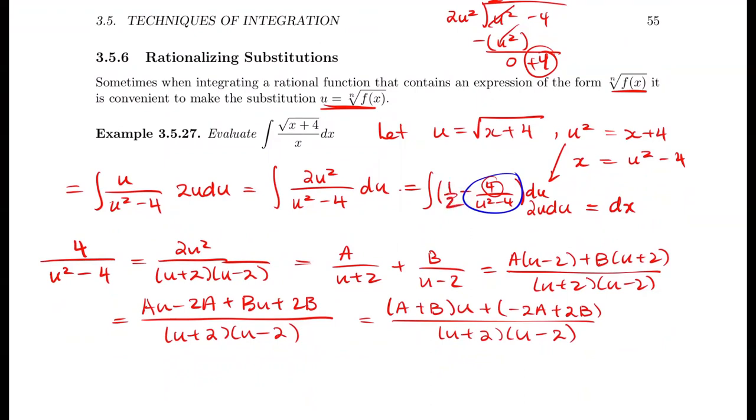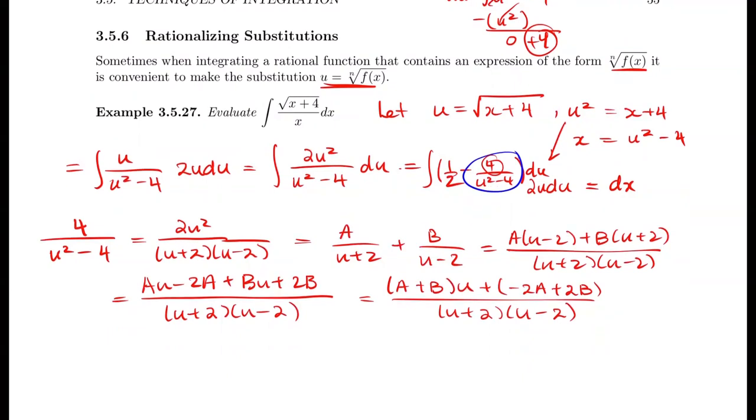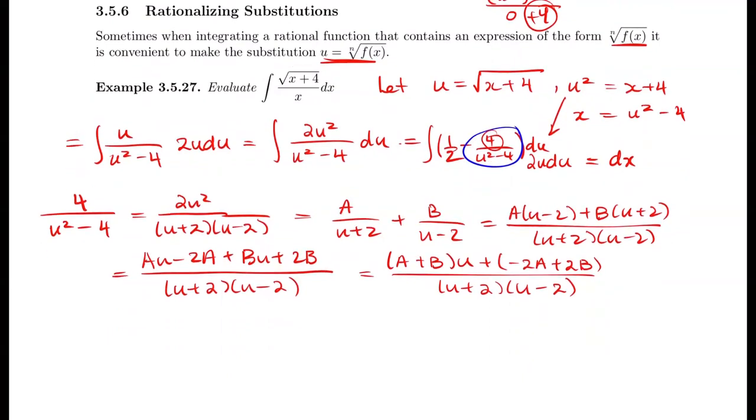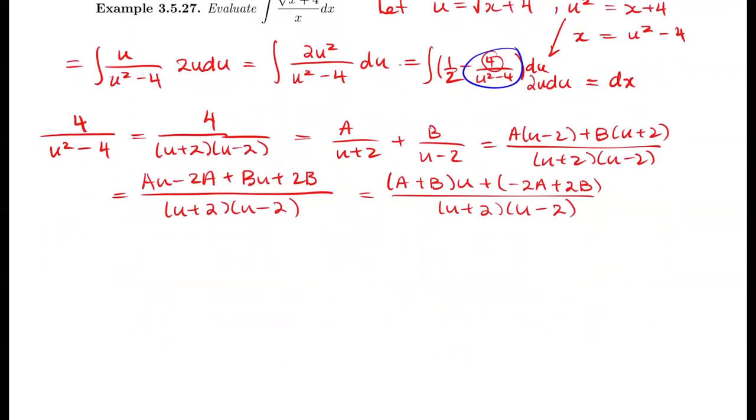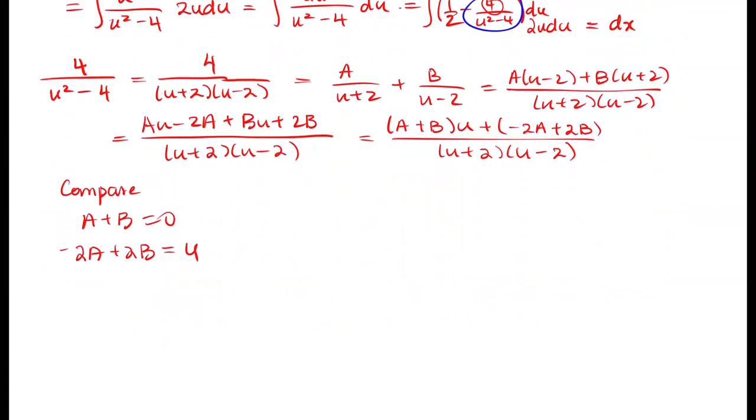So we work with this part. So we do the same stuff here. So this becomes a 4. And then we compare the coefficients. So we first have a plus b, which is equal to 0. And we have negative 2a plus 2b to be equal to 4.